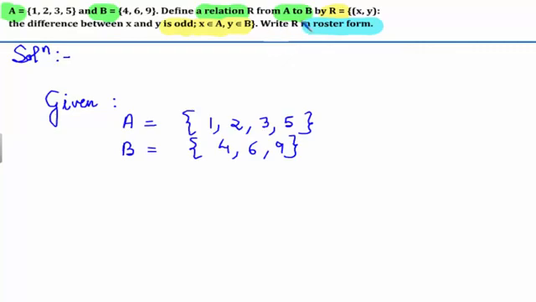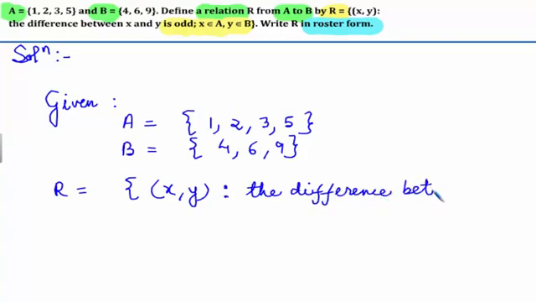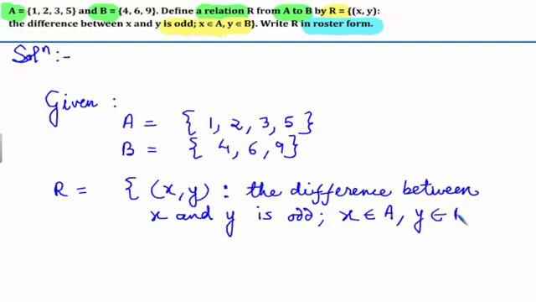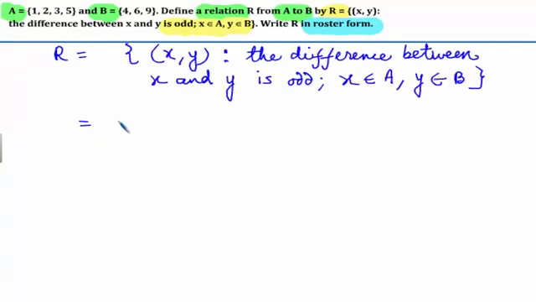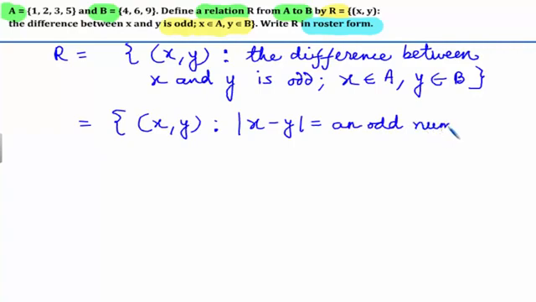Now R is a relation from A to B such that R is equal to the ordered pair (x, y) such that the difference between x and y is odd and x belongs to A and y belongs to B. This can be written as (x, y) such that mod of x minus y is an odd number and also x belongs to A and y belongs to B.